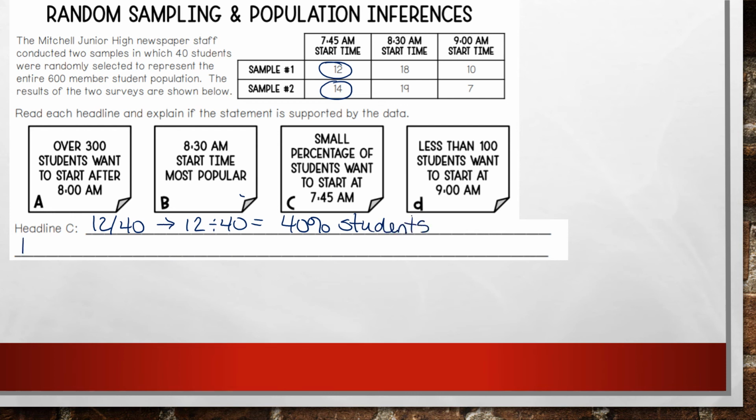If you look at sample number 2, that's 14 out of 40. So when you do your division there, 14 divided by 40, it ends up giving us 35%. So both of these totals together, this is not a small percentage, so this would be false.